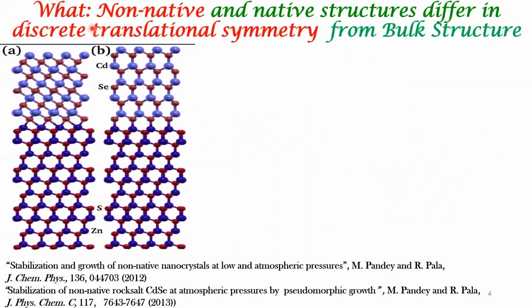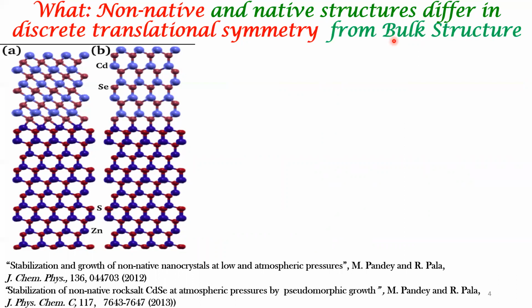To go to the first part on what you mean by non-native structures, we contrast this non-native structure with the native structure. Native structure is the bulk structure, the most stable bulk structure. When you say bulk, there is no influence of surface.